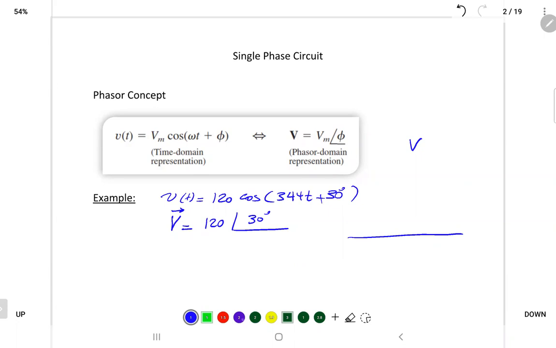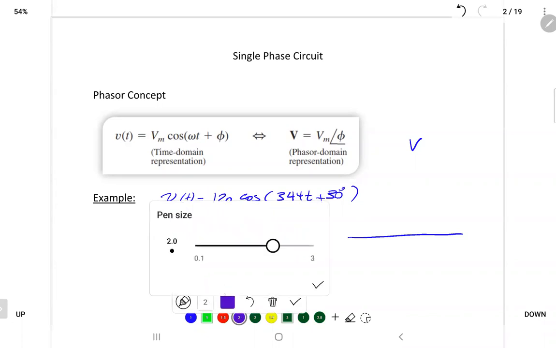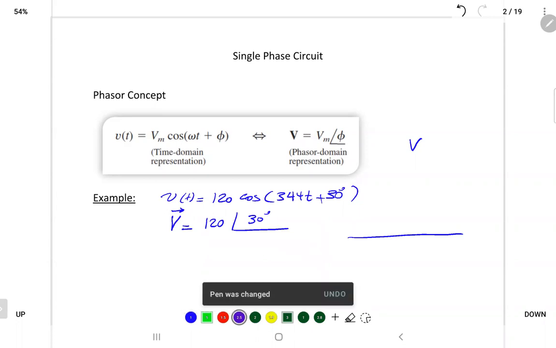Let's just do something like that, and the length should be proportional to the 120.